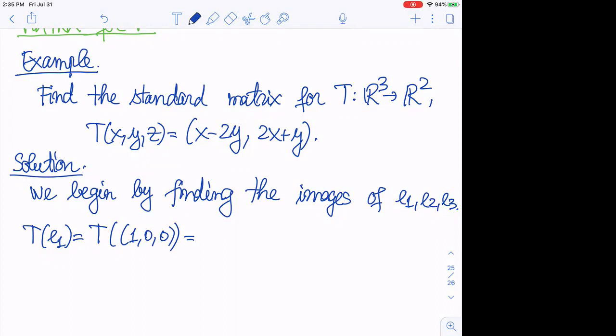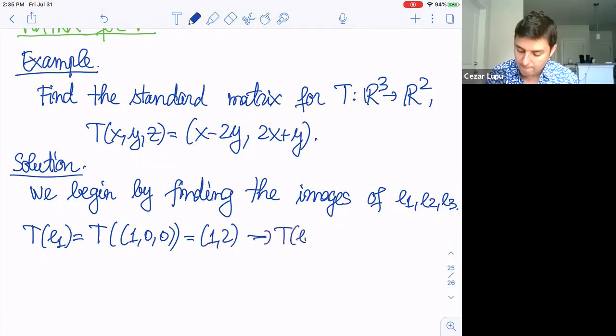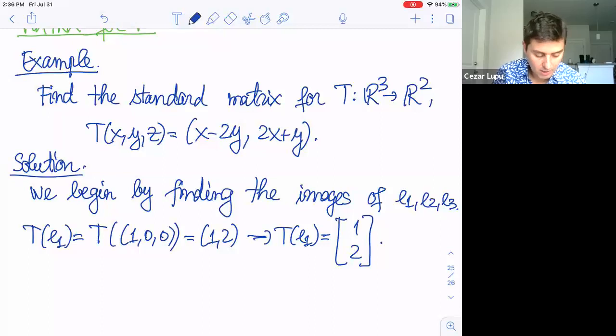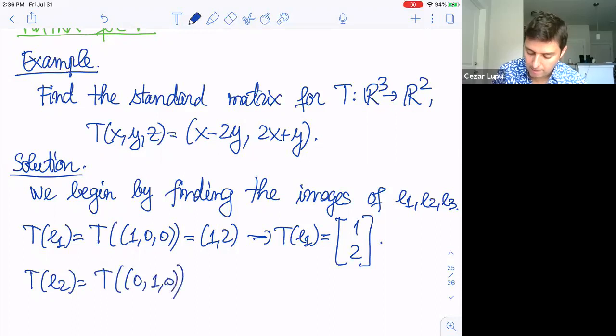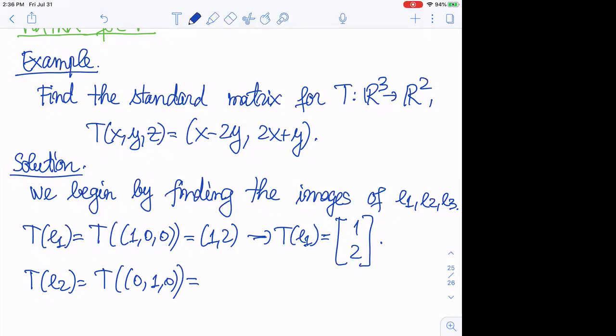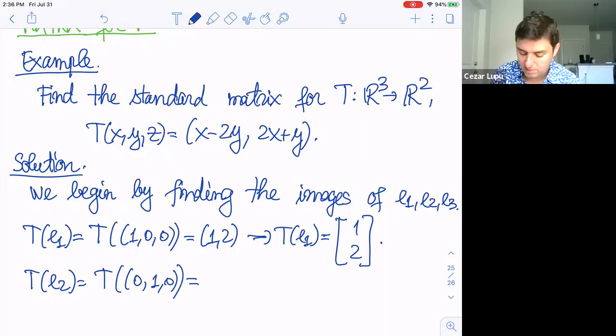1 and 2, correct. So we can write T of E1 as a column vector, because we will form the matrix: 1, 2. All right, let's see. T of E2 will be T of 0, 1, 0, which will give me what? -1, 0.